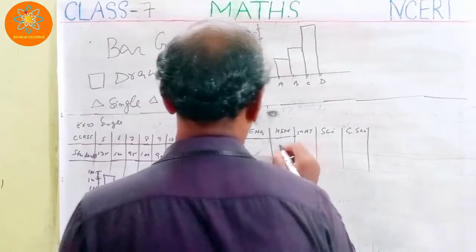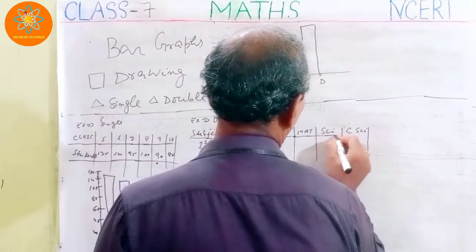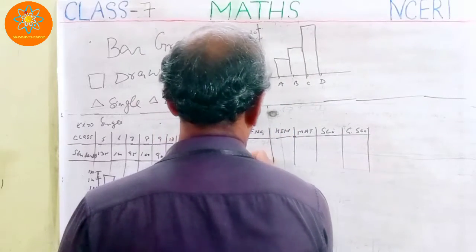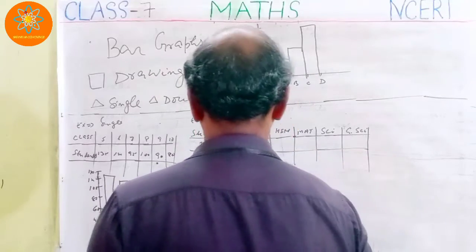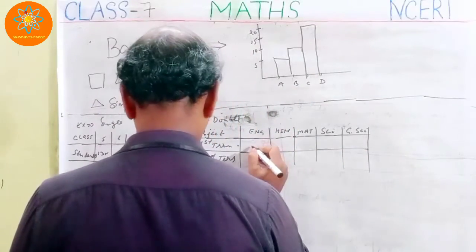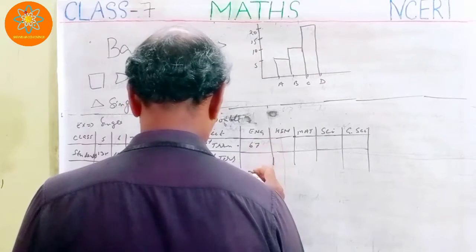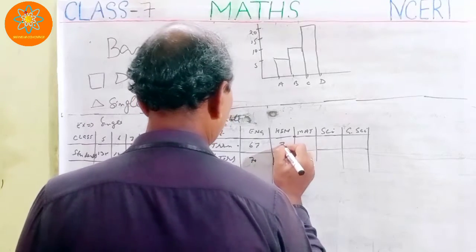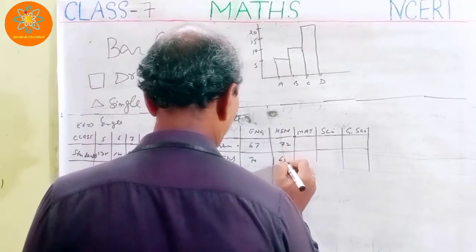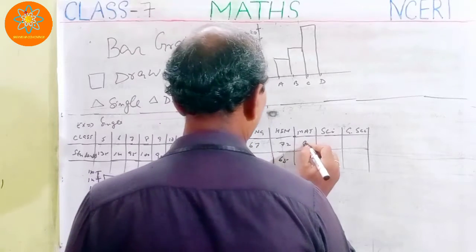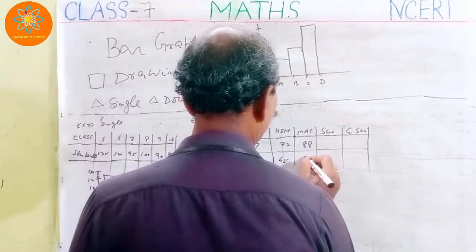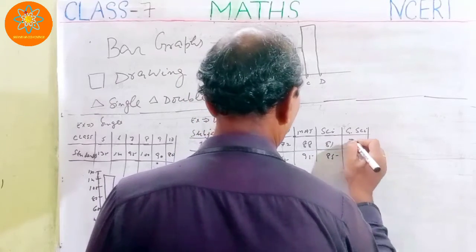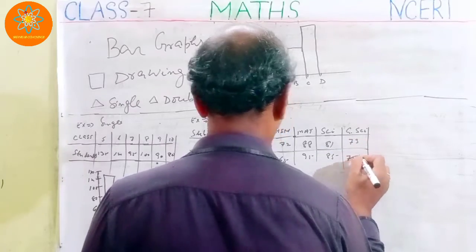Now we will find the marks. In English, the first term 67, second term 70. Hindi 72, 65. Maths 88, 95. Science 81, 85. General science 73 and 75.